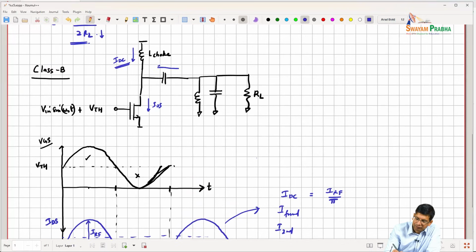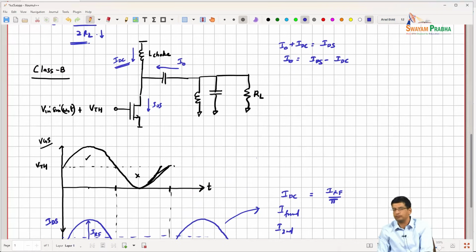What is left is going to be flowing this way. If I call this current I naught, then I naught plus IDC is going to be equal to IDS. So I naught is just IDS minus the IDC that is flowing through the choke.